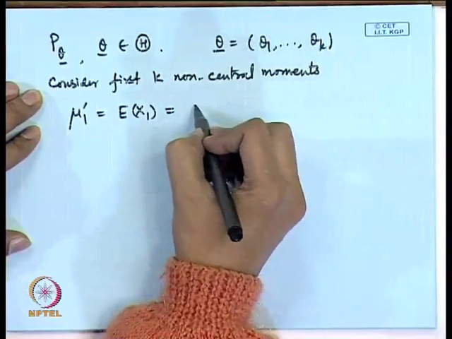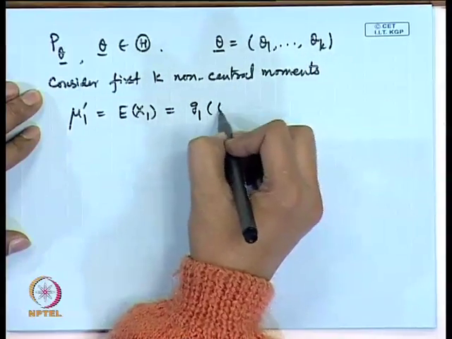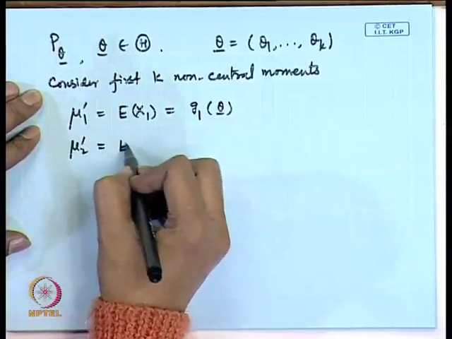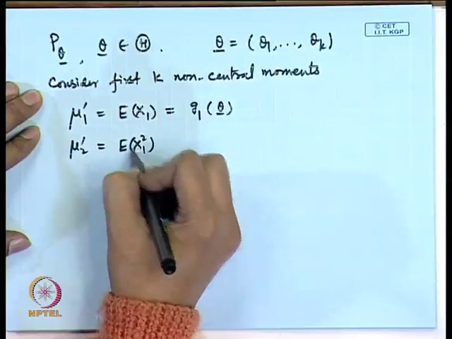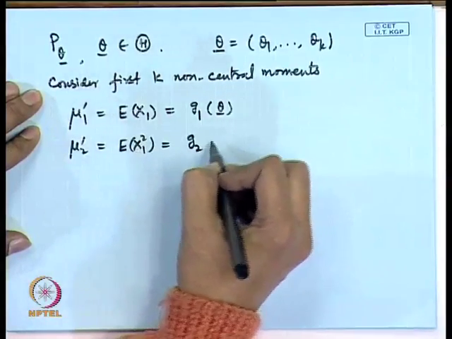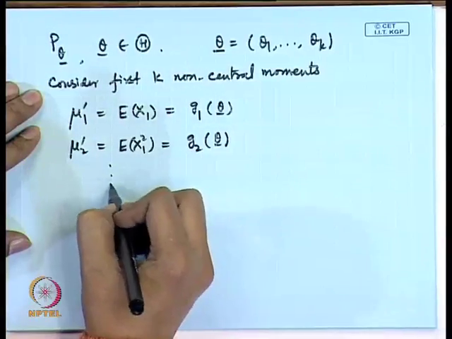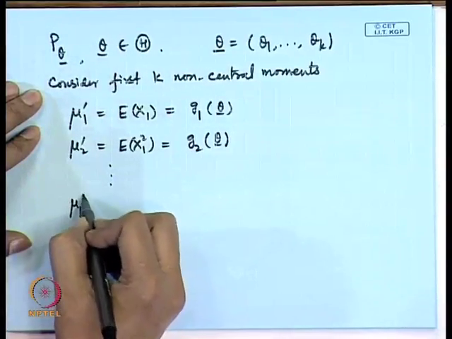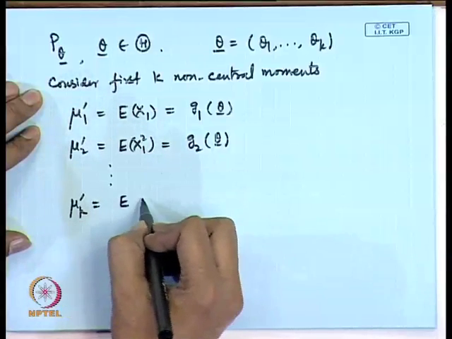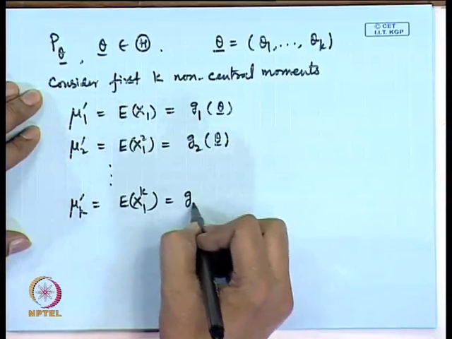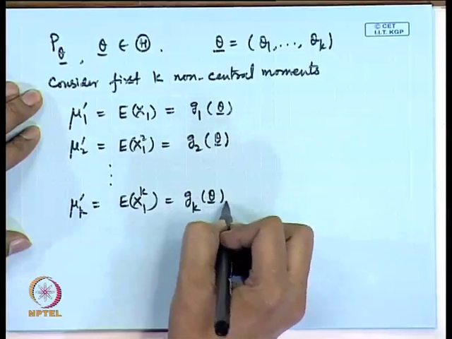So, let us call these functions as say g1 of theta. Similarly, mu 2 prime, that is the second moment of this distribution, will be another function of theta, let us call it g2 and so on. Let us write say mu k prime is equal to expectation of X1 to the power k, that is gk of theta.